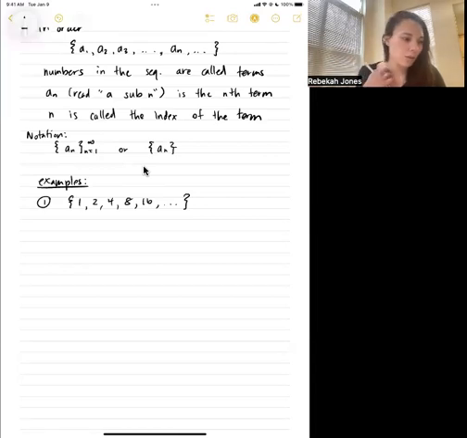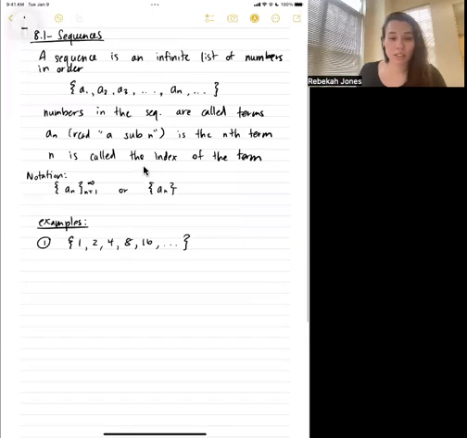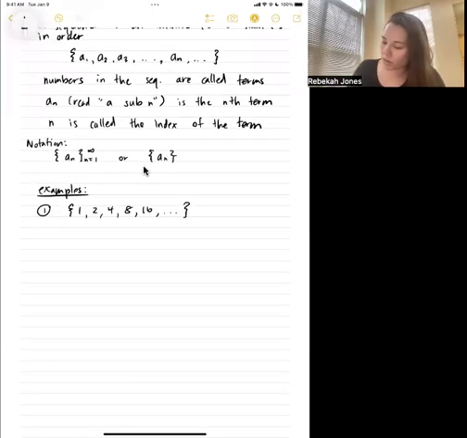So this is going to be doubling with each step. My A sub 1 starts at 1, A sub 2 is 2, A sub 3 is 4, A sub 4 is 8.